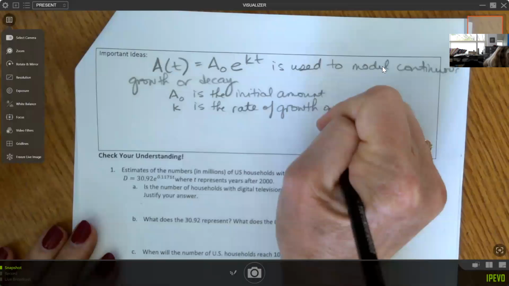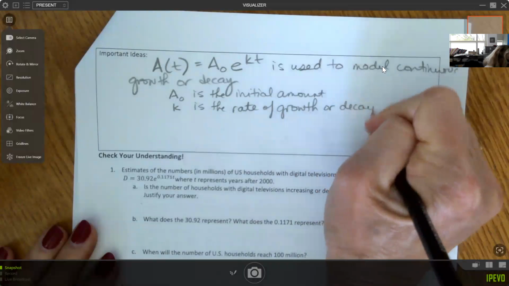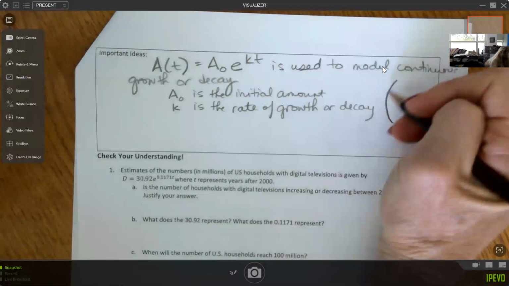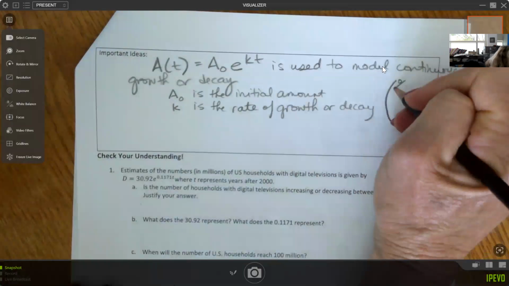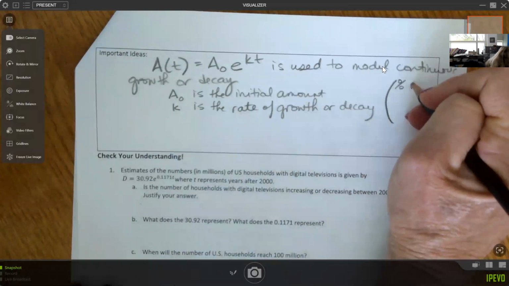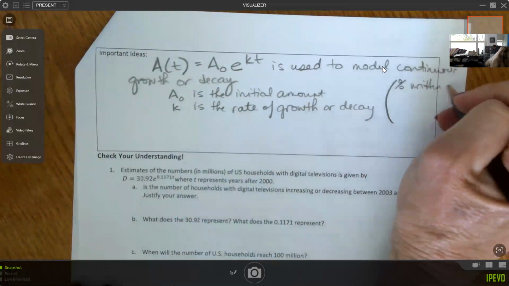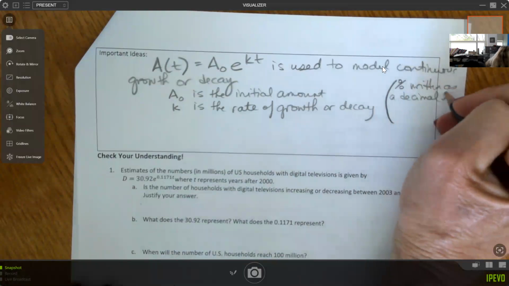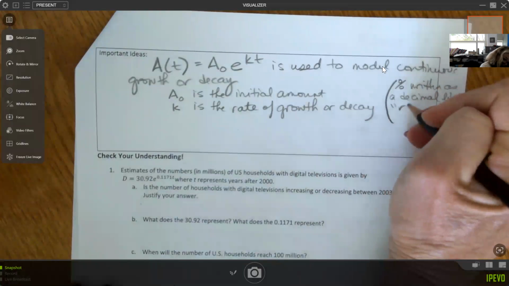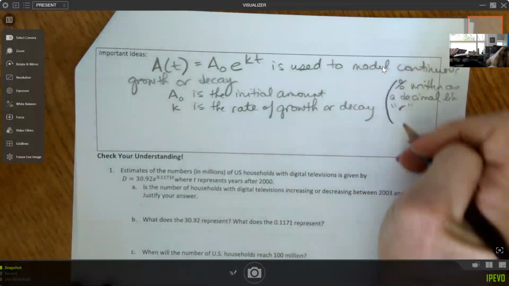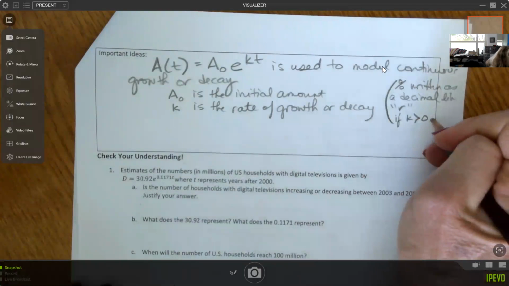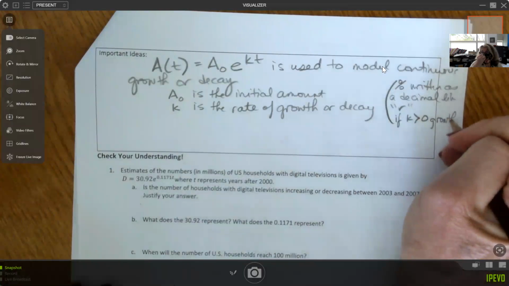Just like r, this k is going to be a percent written as a decimal, like the r we used. And this is very important: if k is greater than 0, we're experiencing growth.